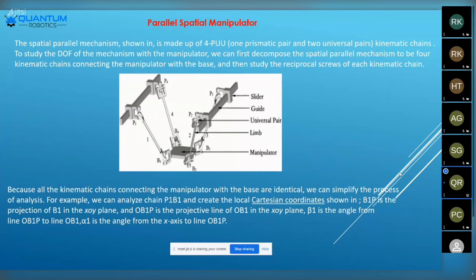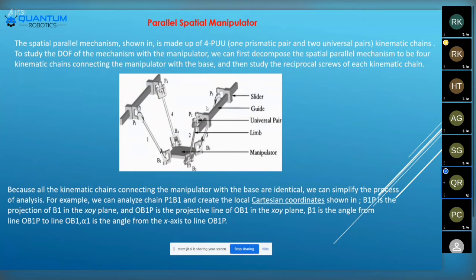The parallel spectral manipulator means the spectral parallel mechanism shown in the main figure, up to 4 PPU, meaning prismatic pair and two universal pairs. Prismatic pair means here you can see there are two prismatic pairs, the linear joints, which will be accessed like that.